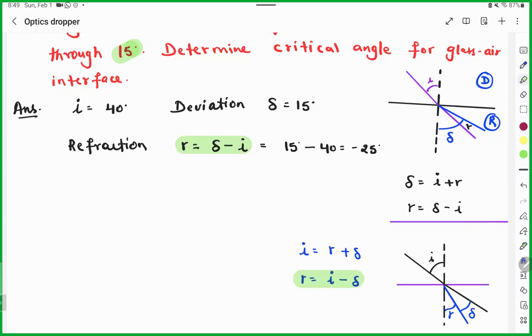Any doubt, guys? R is equal to I minus delta. So it depends which situation you are considering, rarer to denser or denser to rarer, you can calculate.